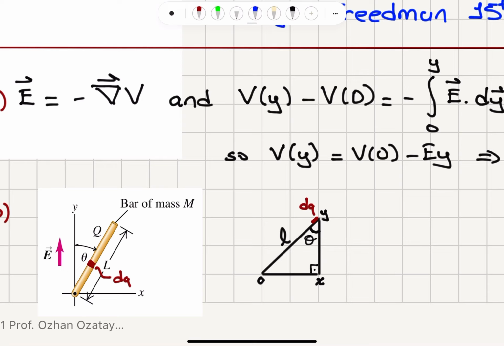The electric field is uniform in the j hat direction, and in this triangle here, if I go from the origin to position x and the position y on the vertical axis, this is the length L, and I'm choosing an infinitesimal charge dq on this axis. You can see that this angle theta appears also here. So that's this angle theta here.